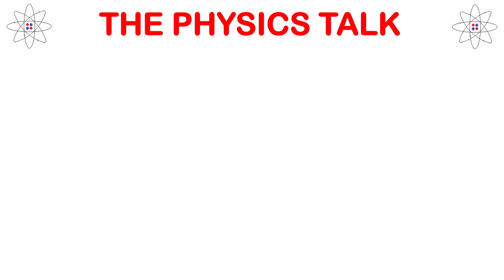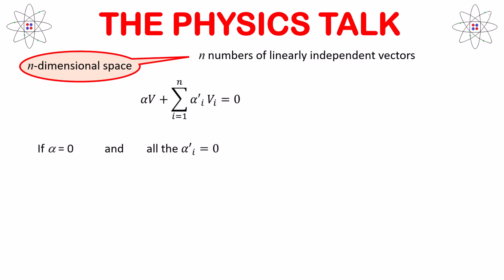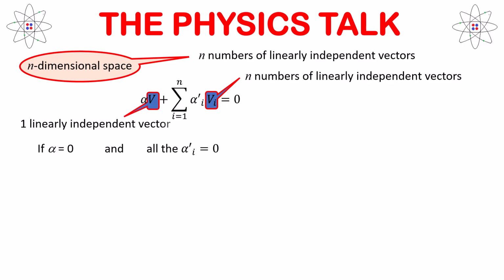Let us recall here that an n-dimensional vector space can have at most n numbers of linearly independent vectors. Now in the relation that we considered, if both alpha and all the alpha i primes are zeros, the second term indicates n numbers of linearly independent vectors and the first term indicates one linearly independent vector.